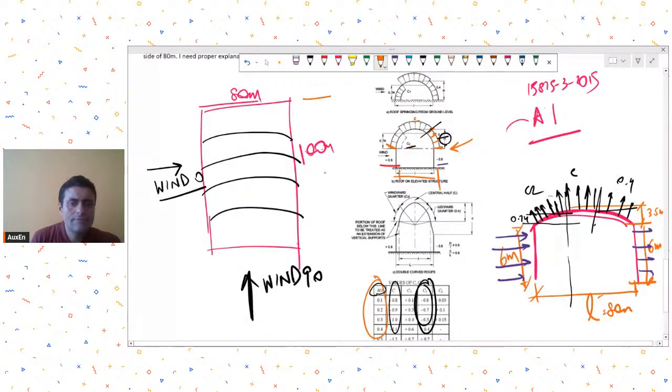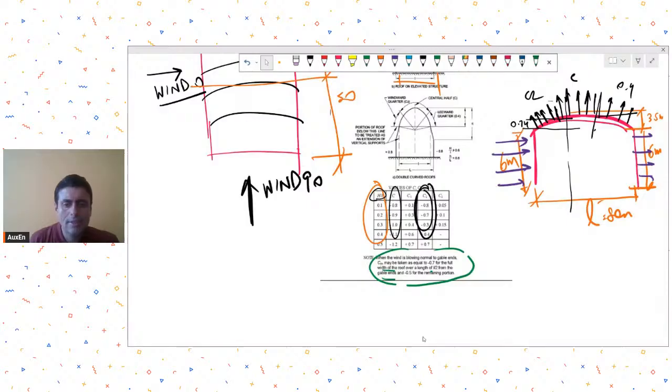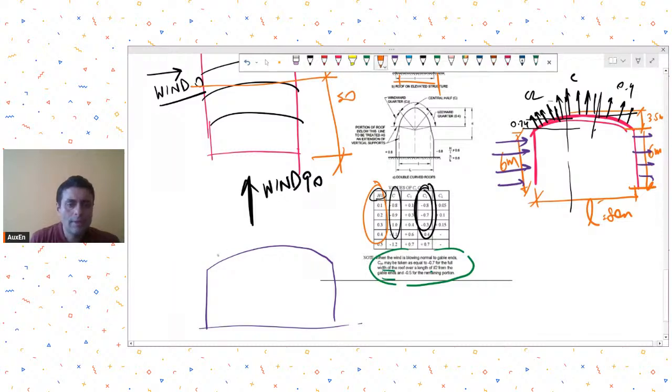let's say this is 100. So for the first half, the first 50, you will assume that the coefficient CPE is minus 0.7 for the full width of the roof. So if this is your shed, for the full width, your coefficient will be 0.7 acting away.